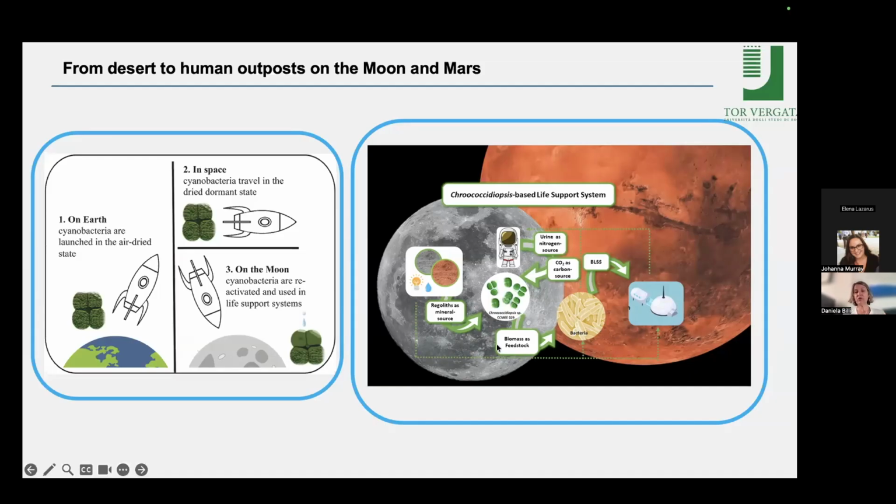And in the future, we think to use these desert cyanobacteria for biotechnological applications, so to have them as, let's say, cell factories to produce what could be needed by a human outpost, first on the Moon and maybe later on Mars.